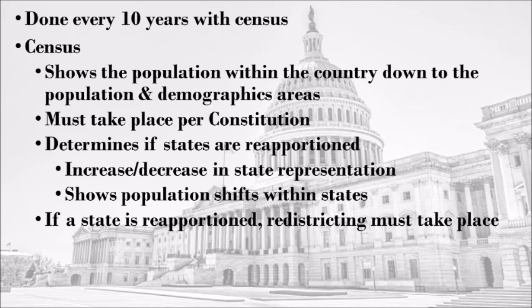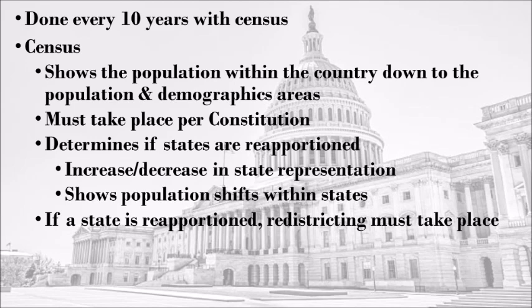What the census does is it helps the government determine how more than $400 billion of federal funding each year is spent on infrastructure and services. The census also determines if states are reapportioned.